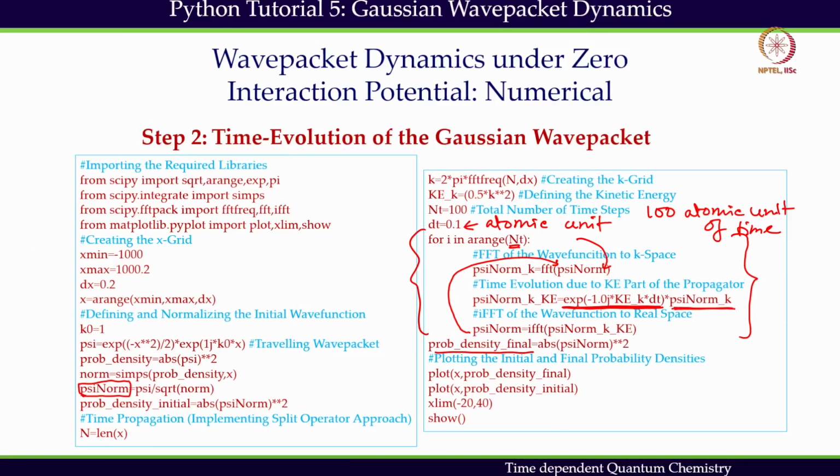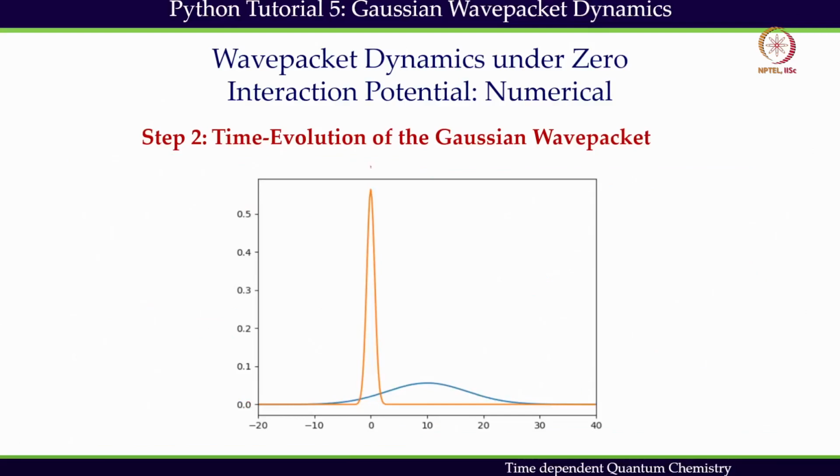So with this, we see that the center of the Gaussian is moving, and not only that, it is spreading out also, and its amplitude is going down. This is the quite natural expectation for a free particle, what we have already concluded from the analytical approach previously.